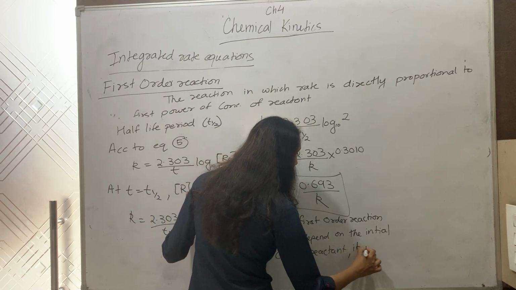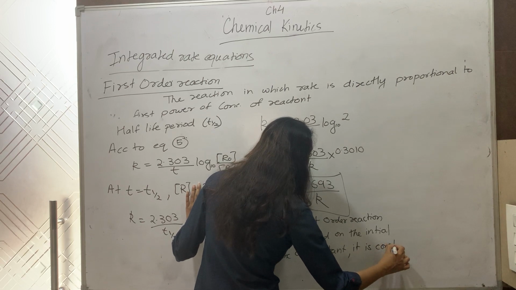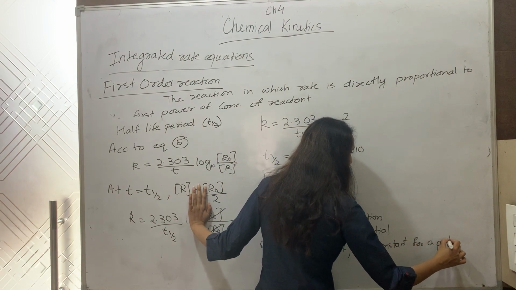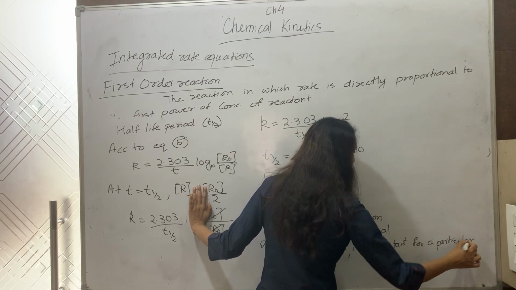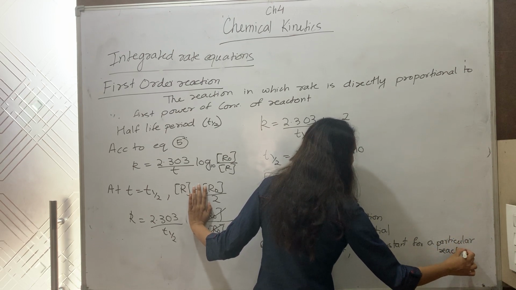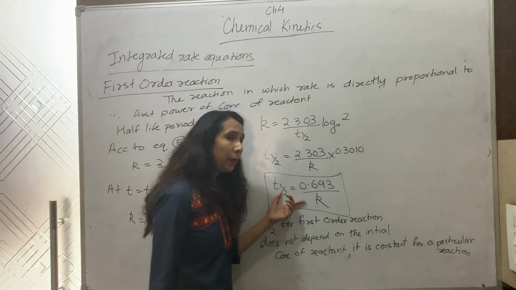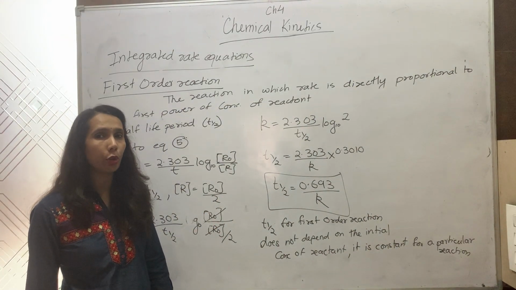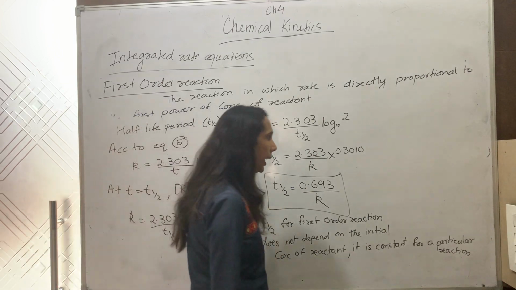It is constant for a particular reaction. For a particular reaction, T half will be constant. It does not depend upon the initial concentration of the reactant.